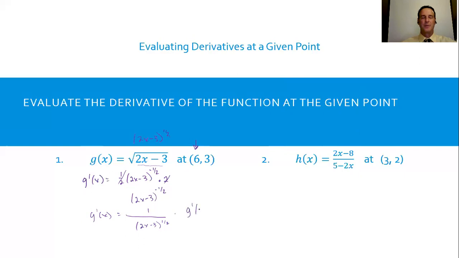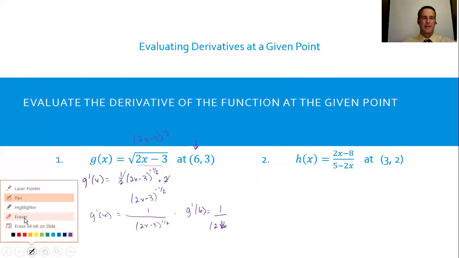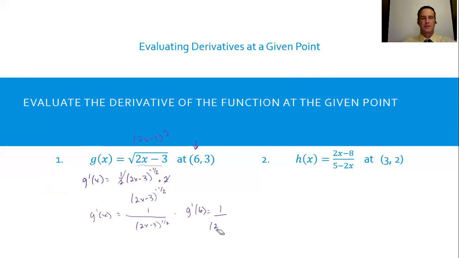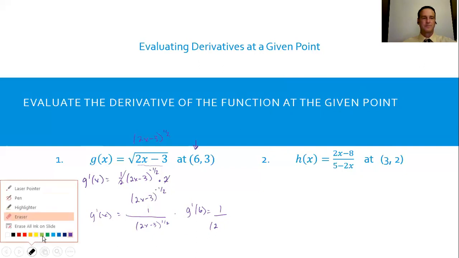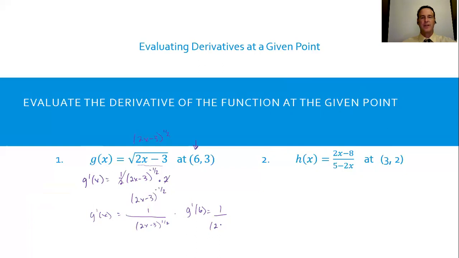And this is g prime of 6, which is 1 over 2 times 6 minus 3 to the 1/2.